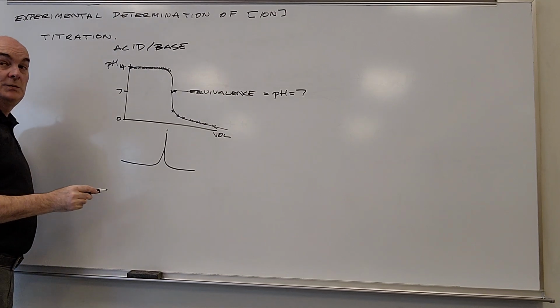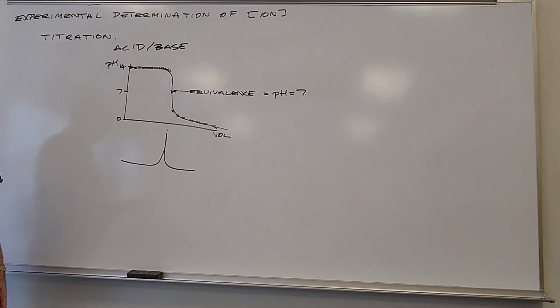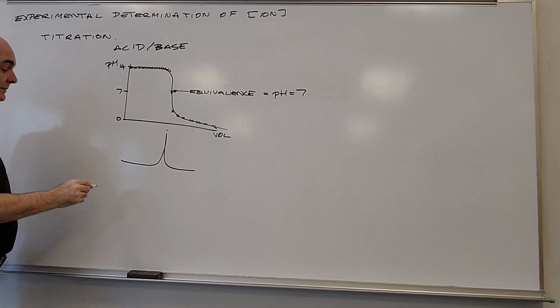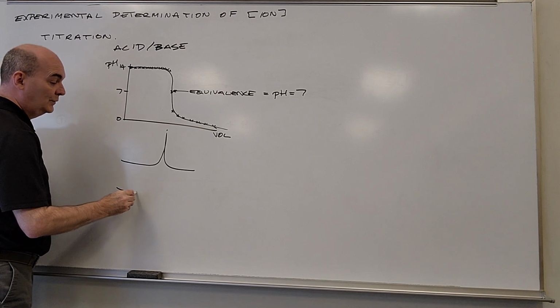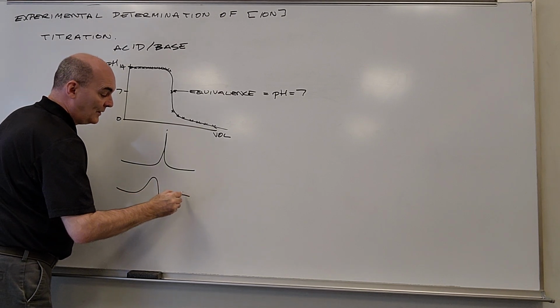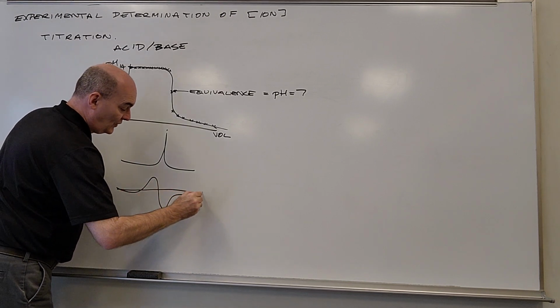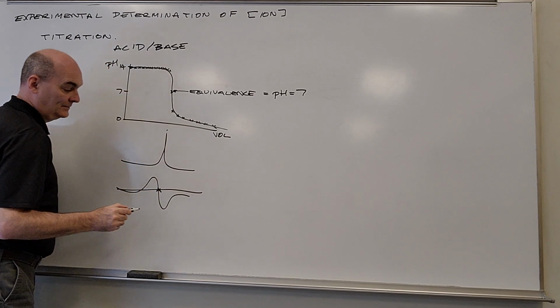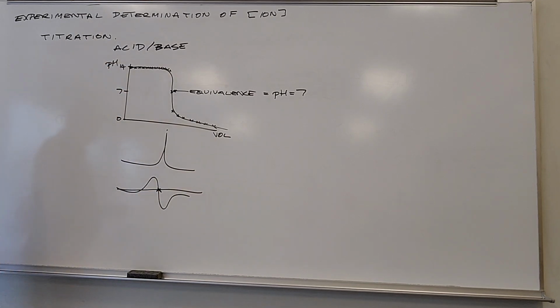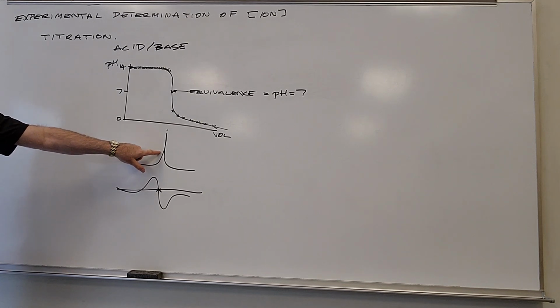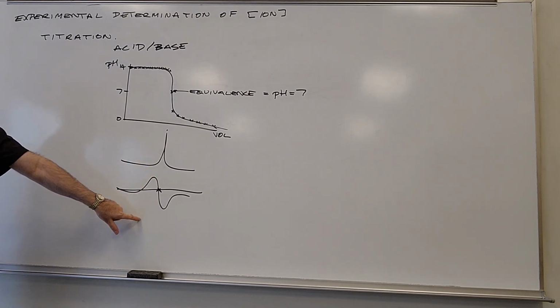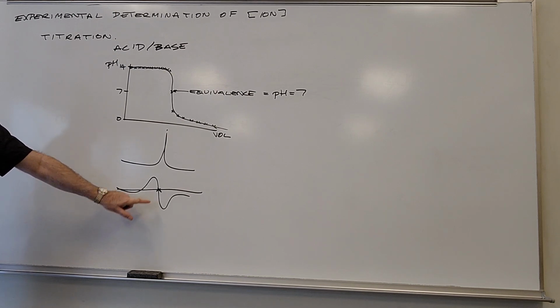And it will also do the second differential, which goes that way, and where it crosses the midpoint, that's your turning point. If you've got good data, this one should be better than that one. If you've got bad data, this one might be better than that one.